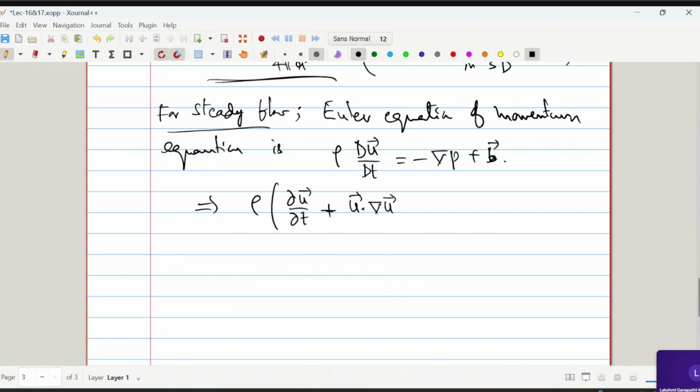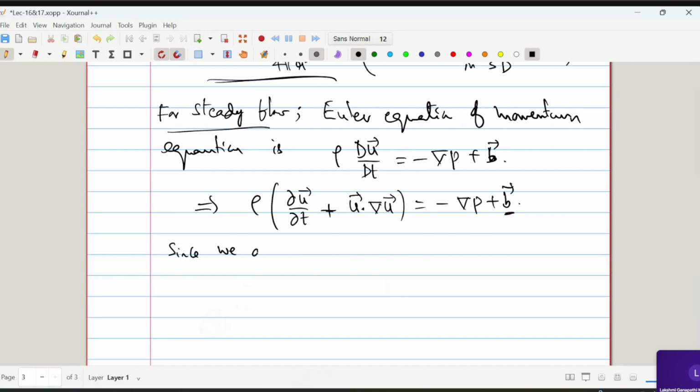So this is equal to minus grad p plus b bar. Now assume there is no external force.